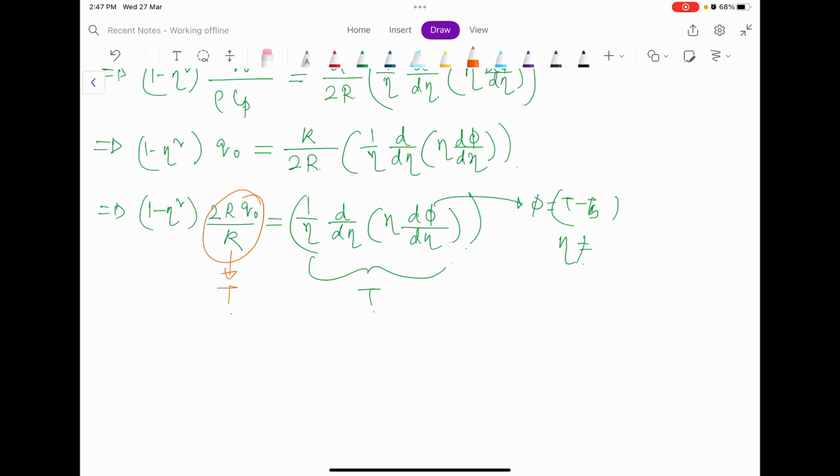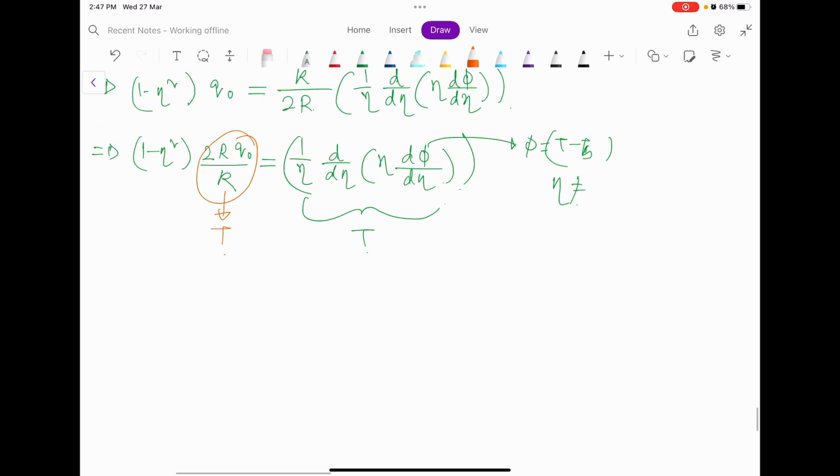Now what will be the boundary conditions here? Boundary condition 1: at eta equal to 0, that is at r equal to 0, what I was having was del T del r, because T is a function of both r and z. So del T del r is equal to 0.